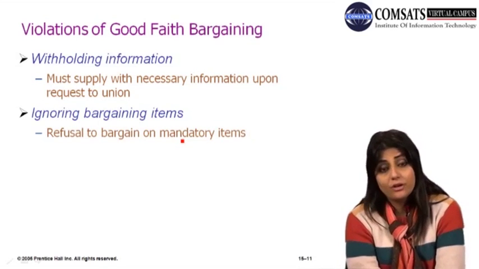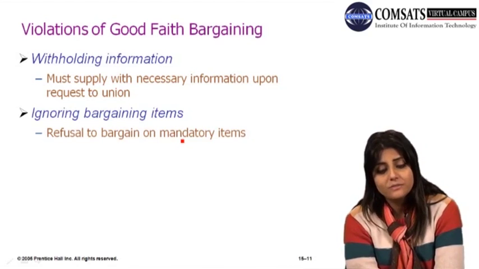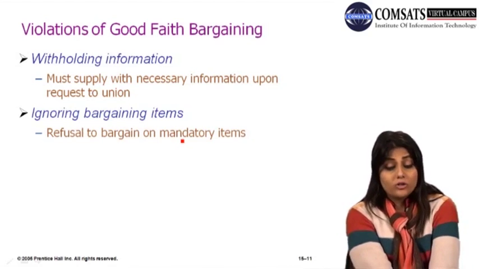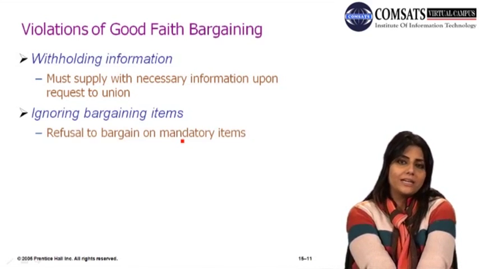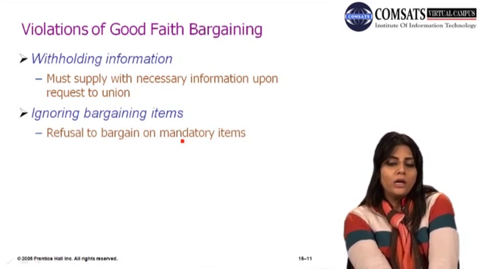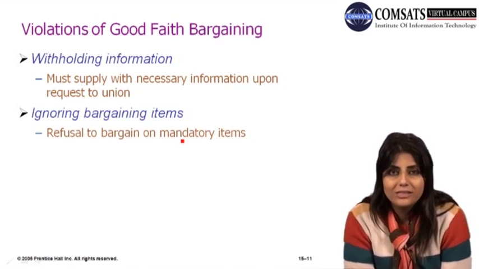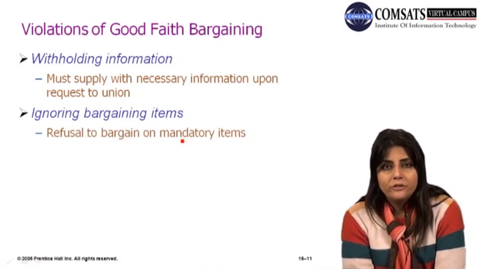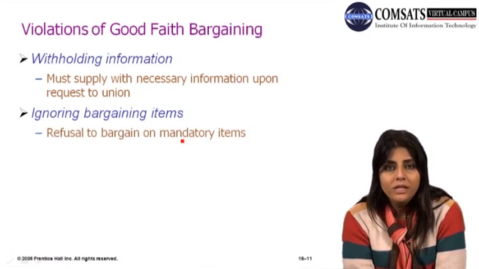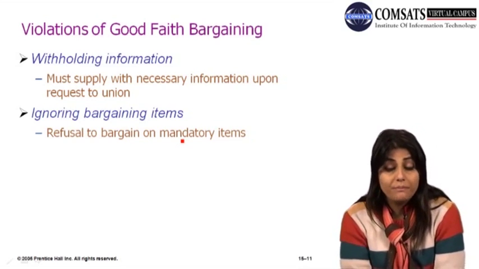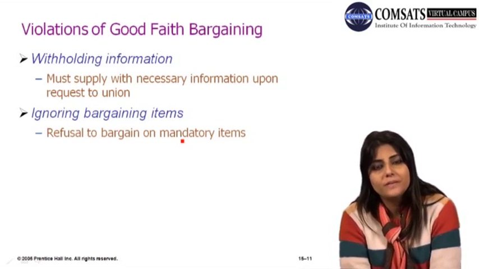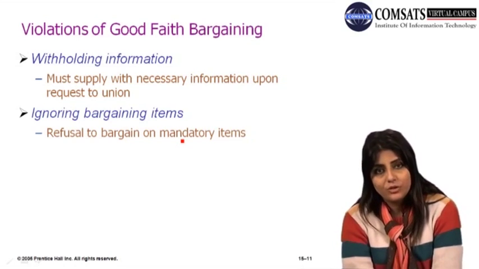Then sometimes you ignore the mandatory bargaining items. Mandatory items are the items that must be negotiated upon. In a future slide, we will see the different mandatory items, and how important it is for the senior management and also for the union representative to bargain over them, because they are mandatory, right?